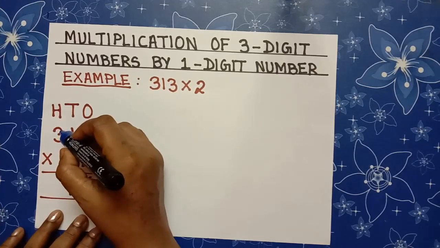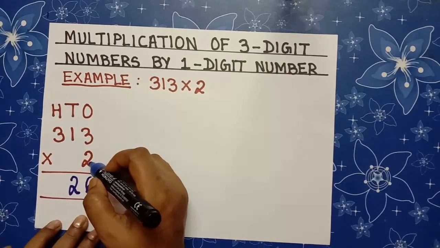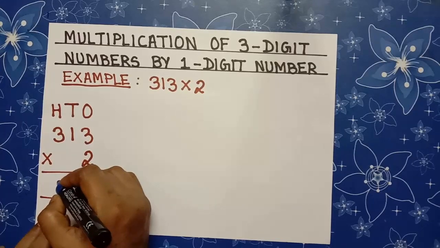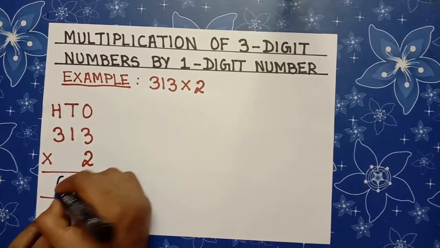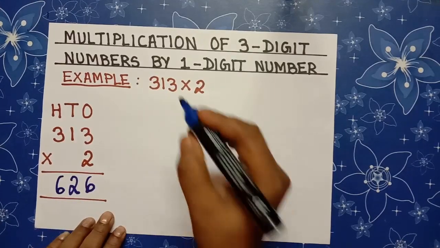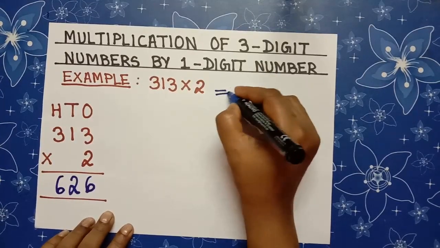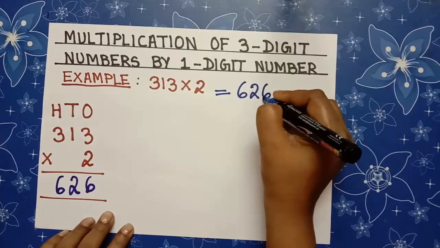So 3 hundreds into 2. 3 twos are 6. So write 6 in the hundreds place. So the product is 626. So 313 into 2 is equal to 626.